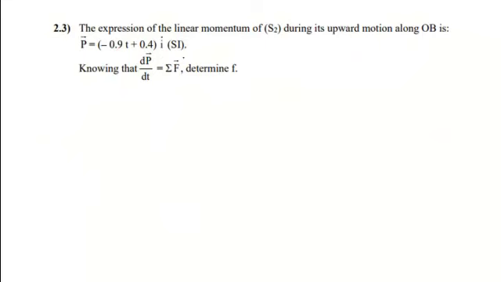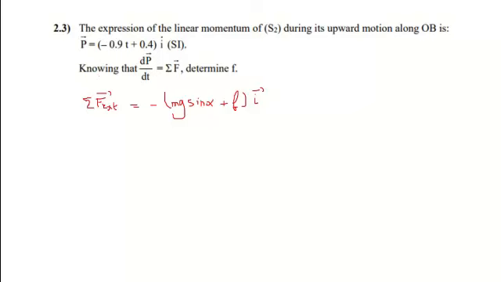Now part 3: the expression of the linear momentum of S2 during its upward motion along OB is given by this one. Knowing that dp over dt is equal to the summation of F external, determine F. So the question is to find the friction. We already found the summation of F external in the previous part. It's equal to minus, between brackets, mg sine alpha plus f, in terms of the i vector.